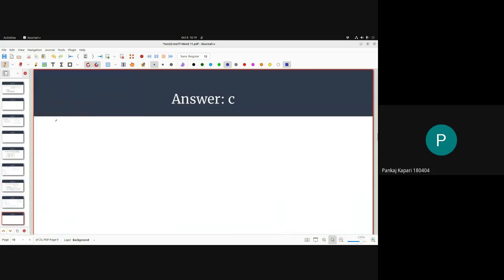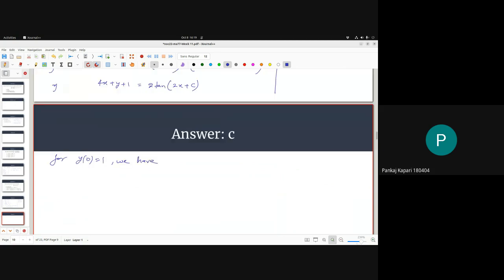For y0 equal to 1, if you put x equal to 0 and y equal to 1, then you have 2 is equal to 2 tan of c, right? So this will just imply that tan of c is equal to 1, and that will give you c must be pi over 4. That means the solution in this condition becomes 4x plus y plus 1 equal to 2 tan of 2x plus pi by 4.